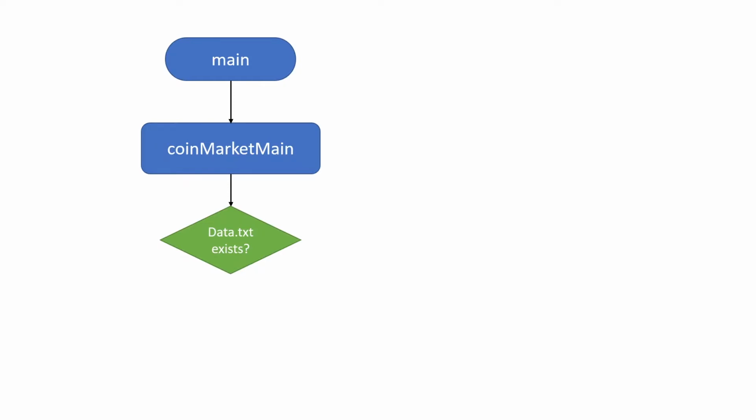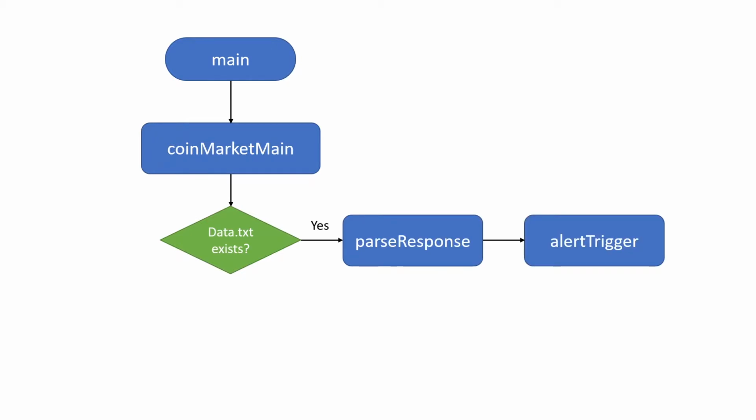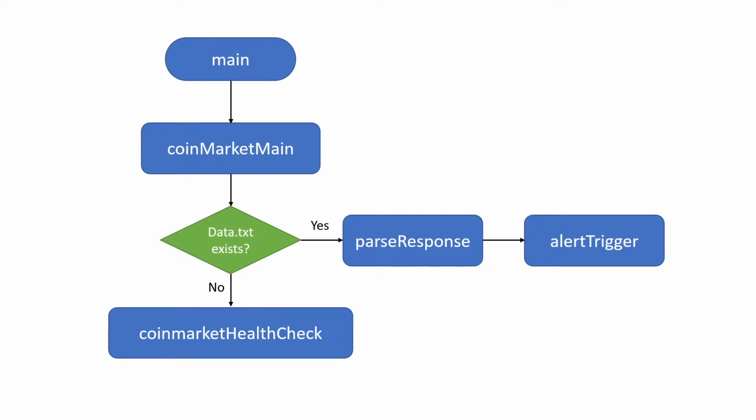That is the decision of making a new data.txt file or just using the one that already exists. If the data.txt file exists, we are going to parse the response and then call the triggers. And if it doesn't exist, we will create it by calling the CoinMarketHealthCheck method and then parse the response.